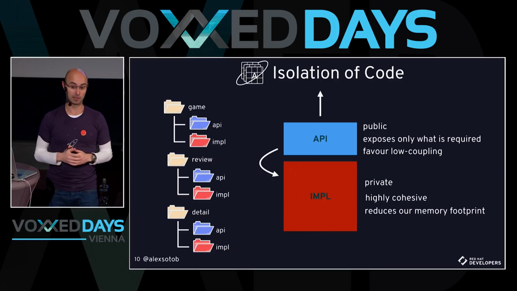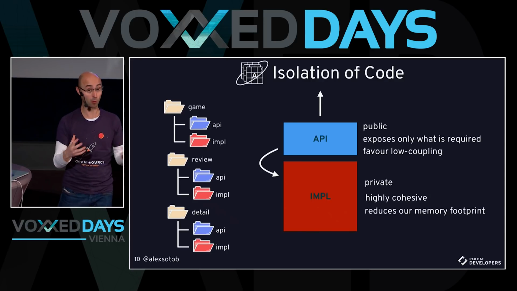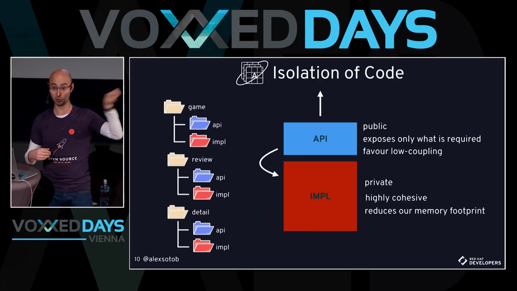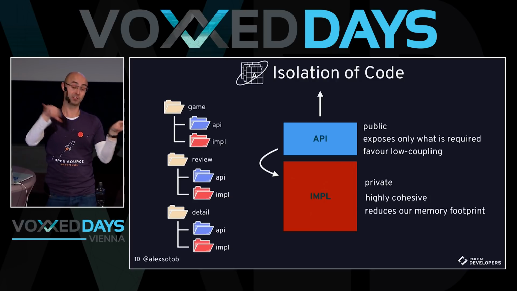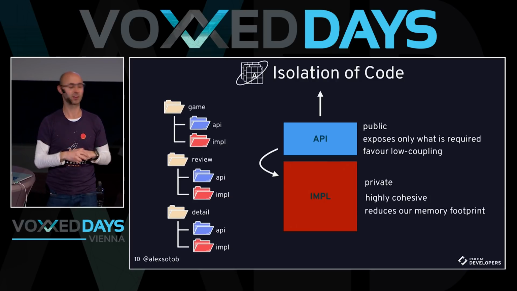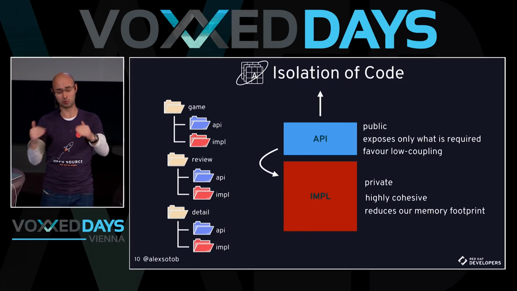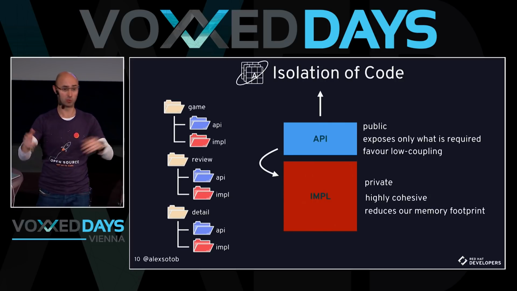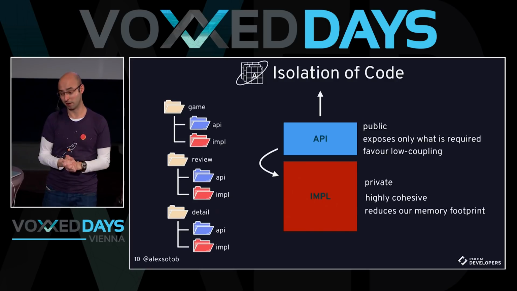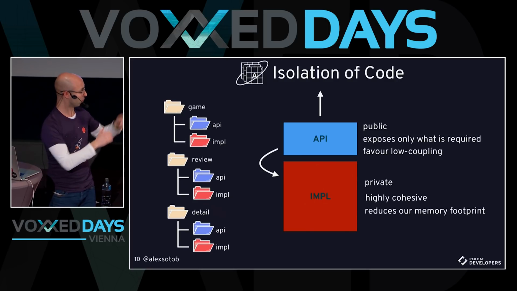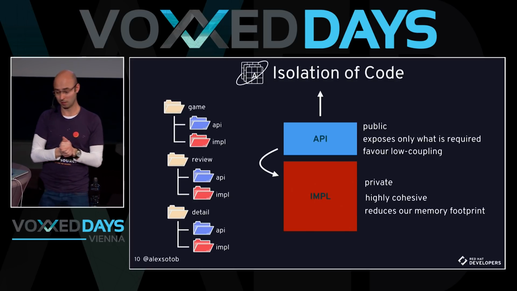Because if you have not implemented this module but you want to know what it is doing, you just need to go to the API layer, check the Javadoc and the interface, and say, okay, this service is doing this kind of operation and behaves like this. You don't need to go inside the code and check who is calling what, and so on and so forth. So it's a really good way of separating each of the modules.